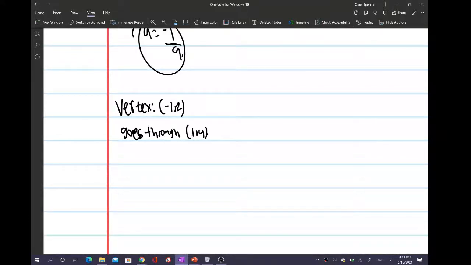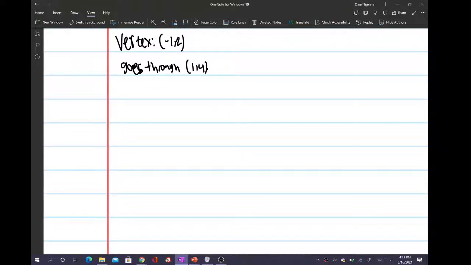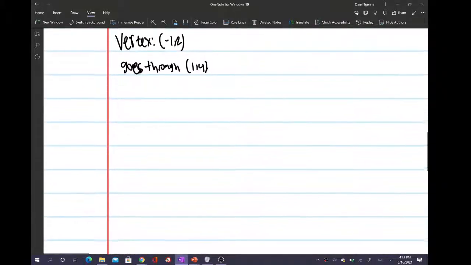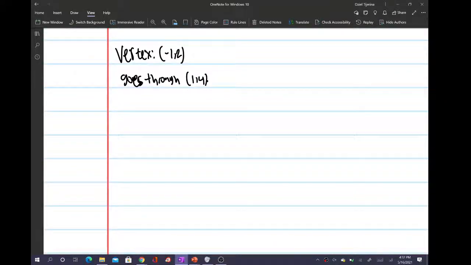And you want to figure out basically what is the equation, what is the function of the parabola, right? So we're going to go ahead and write our formula again for the quadratic function, the vertex form.